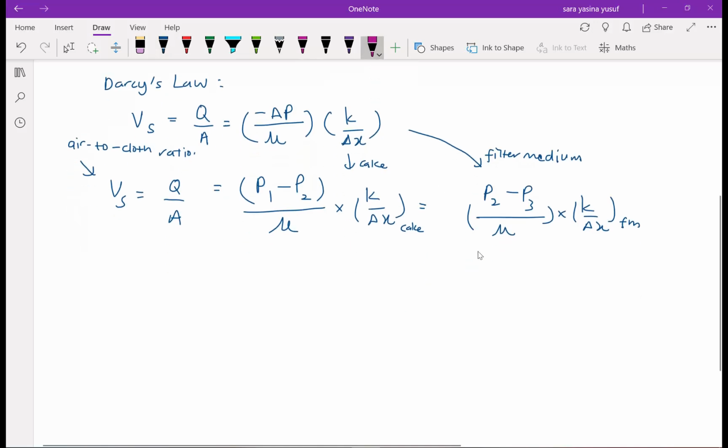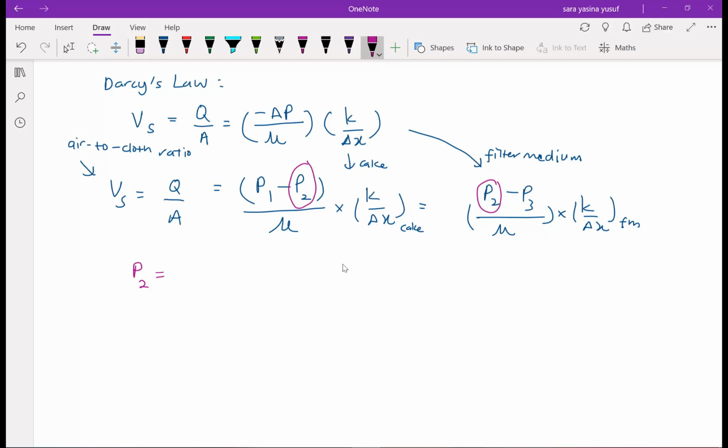Okay, now we're going to rearrange this equation so that we can combine the expression in the cake with the expression for the filtering media. Okay, now in these two expressions, we can see that the similar variable is P2. So P2 is the same variable. Therefore, we want to express all these expressions in terms of P2.